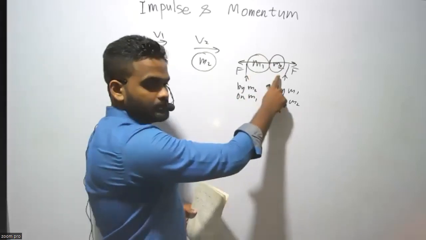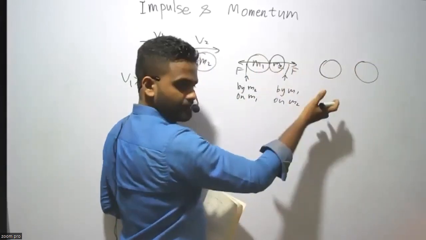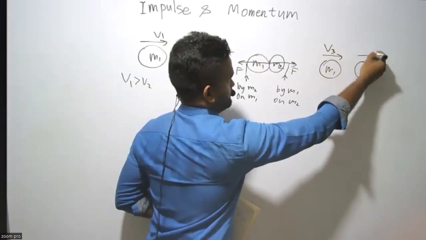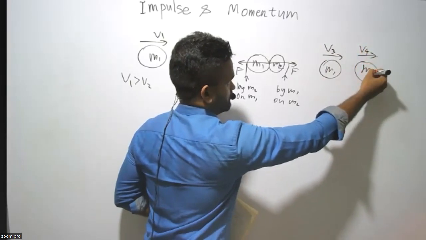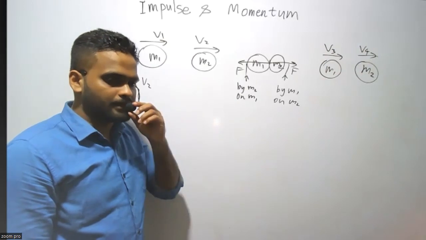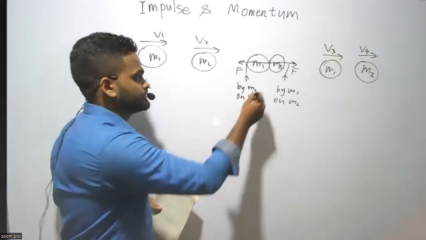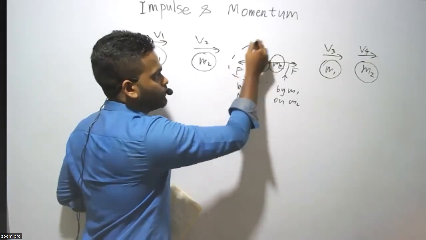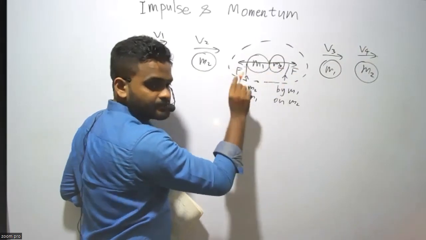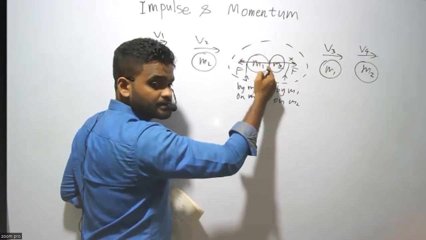Okay, now the collision happens. Then let's say they separate and have different velocities, v3 and v4. I'm applying this to the whole system, right? When you consider the whole system, what happens? This F and this F cancel off. These are internal forces.